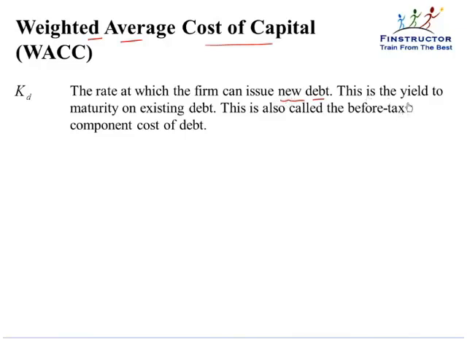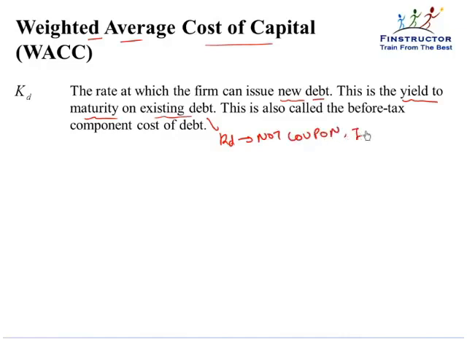That cost is the yield to maturity on existing debt. So even if you don't understand what YTM or yield to maturity is right now, don't worry about it. You'll cover it in detail in the review on fixed income securities. But just remember this, that cost of debt, KD, is not the coupon rate.